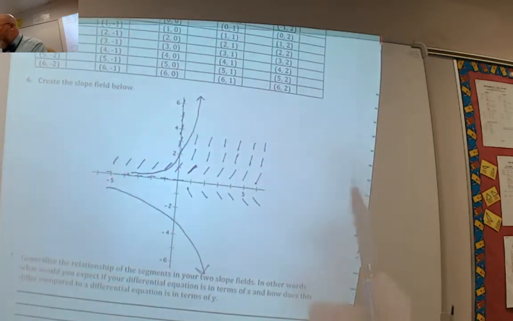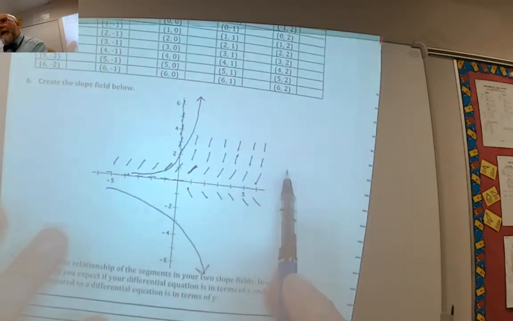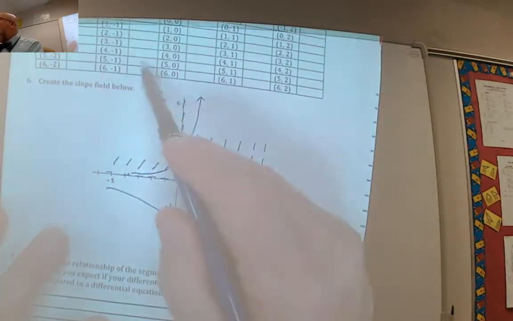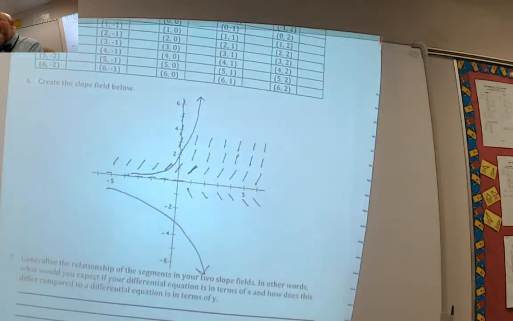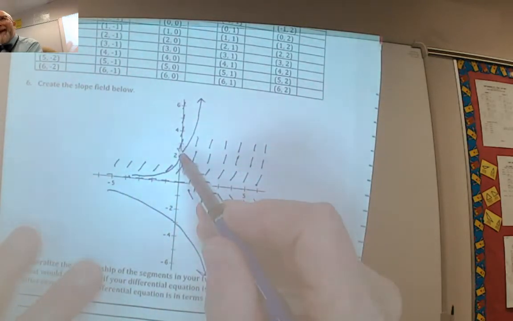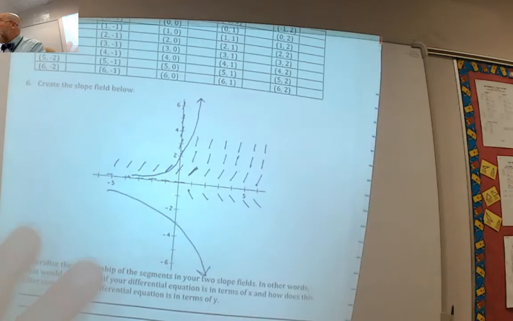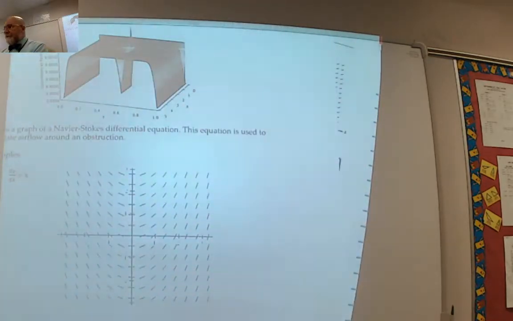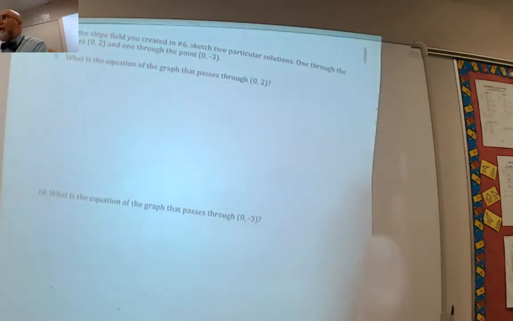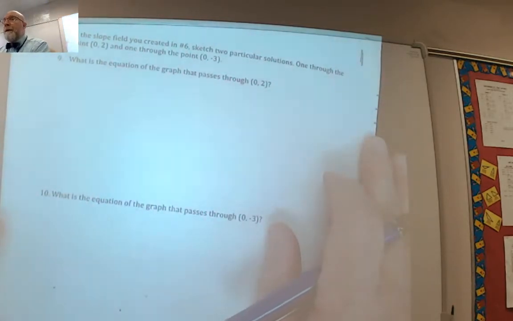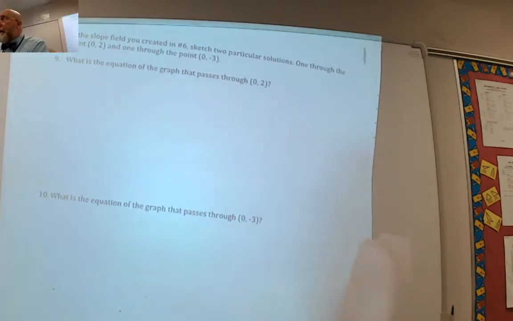What I don't want to see is a straight line or something going against what I call the grain. Does that make sense? You shouldn't be crossing those segments because they're tangent lines. All right? So, to come up with the equation, this is an example.